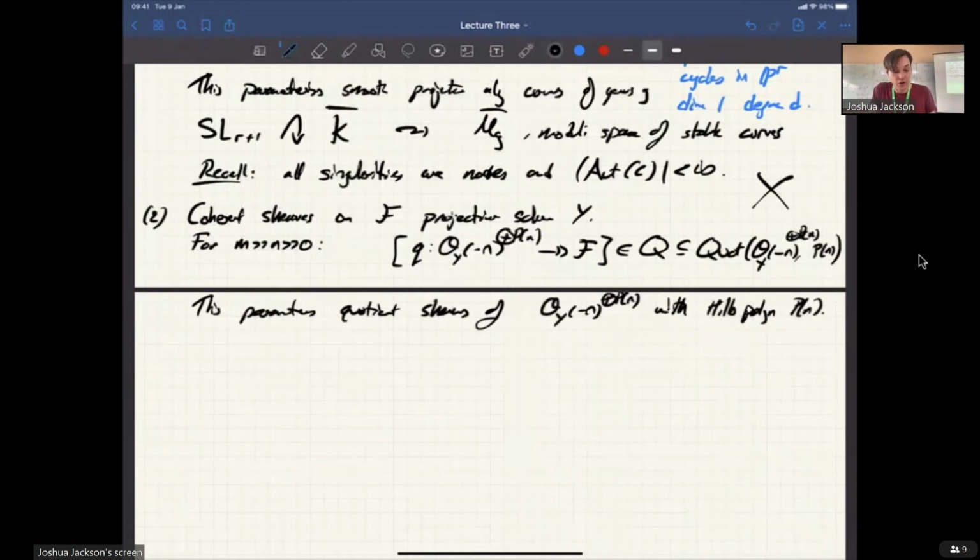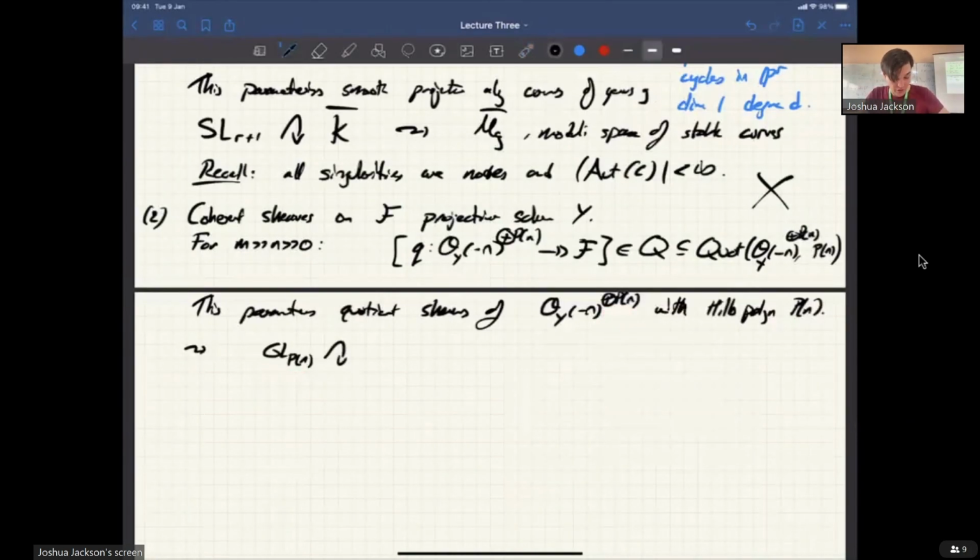But I'm just saying you can come up with some space parameterizing these reasonable coherent sheaves, and you get an action of GL(P(n)). You can think of this thing as O_Y(-N) tensor a vector space of dimension P(n), so you can act on that vector space by GL(P(n)).